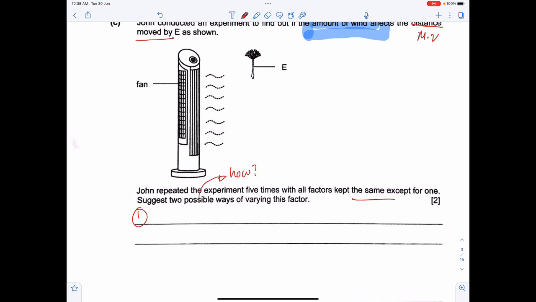You tell me. It will be to increase the speed of the fan. By increasing the speed of the fan, you are increasing the speed of the wind, right? The amount of wind. The second method would be to increase the number of fans, right?